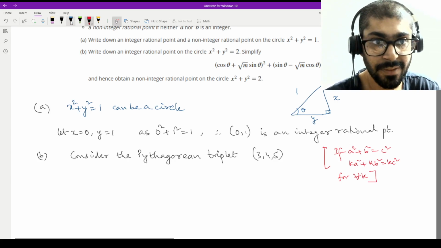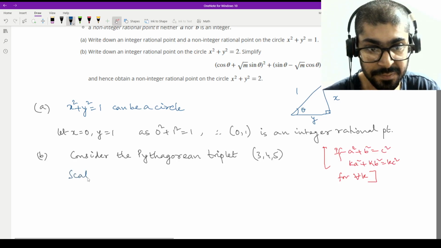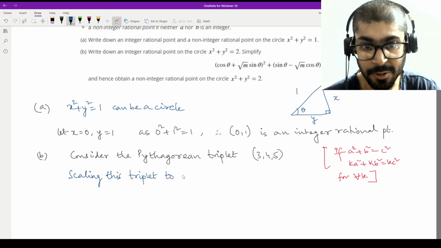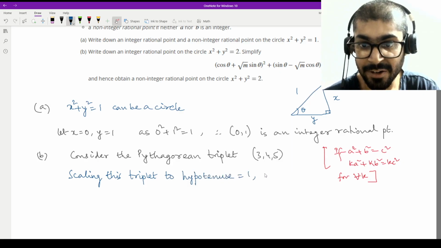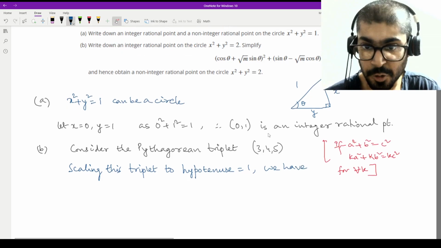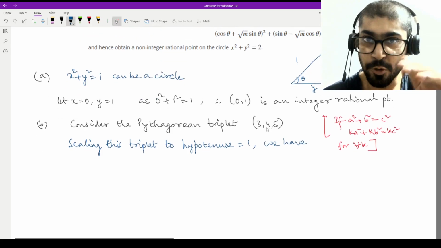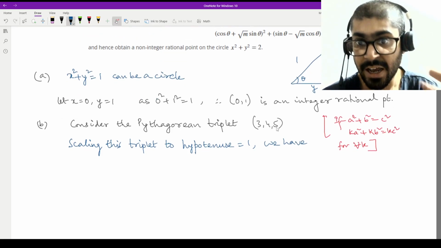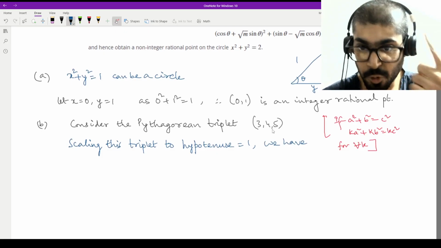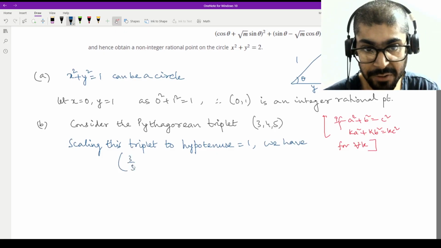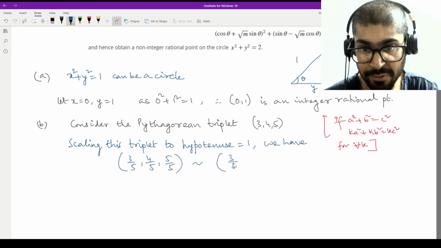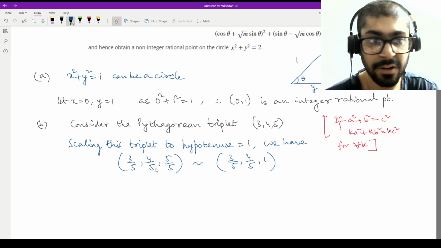So scaling this triplet to hypotenuse equal to 1, we have 3, 4 and 5, where 3 and 4 are the perpendicular and base, which can be interchanged, and 5 is the hypotenuse. If we want to scale them down to 1, we will have 3 by 5 comma 4 by 5 comma 5 by 5, which is equivalent to 3 by 5 comma 4 by 5 comma 1, right?